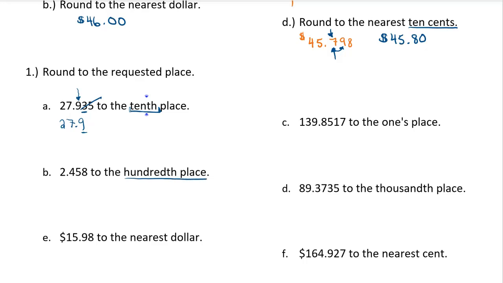Here, we're doing the 100th place. So that means we need 2 places to the right. So our final answer can only have 2 places to the right of the decimal. We look at the number just to the right of that, and it's an 8. Well, 5 or greater makes the number being rounded go up.